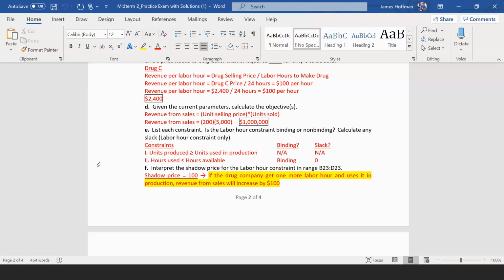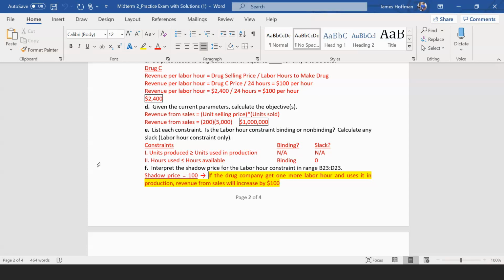So remember that's the effect of getting one more unit of the right side, and the shadow price is the effect on the objective. So the right side is labor hours used in production, and it's going to affect the revenue for this firm. So basically just interpret it like we've been doing.